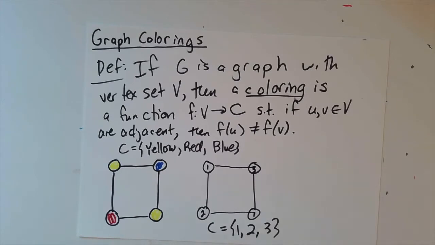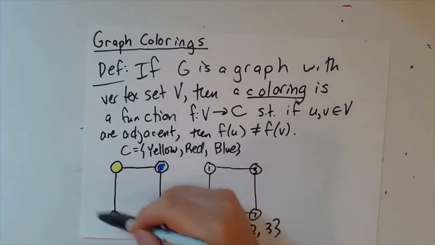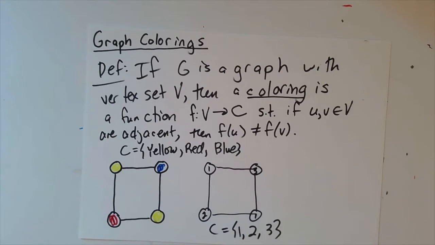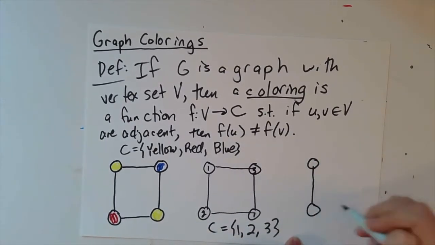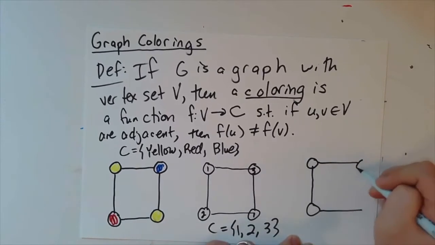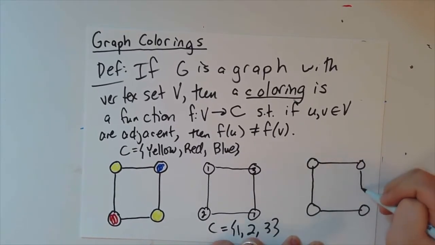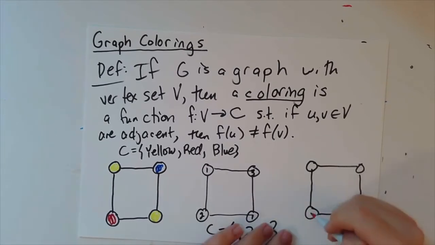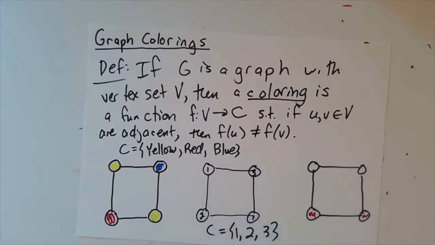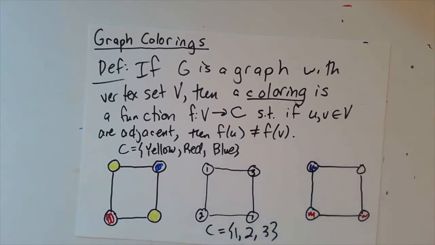But we call it a coloring because we typically think of it in this way. And to emphasize, what would make it not a coloring is if I do this, and I color those red, this one blue, and this one orange.